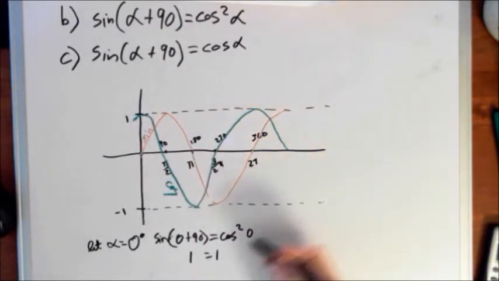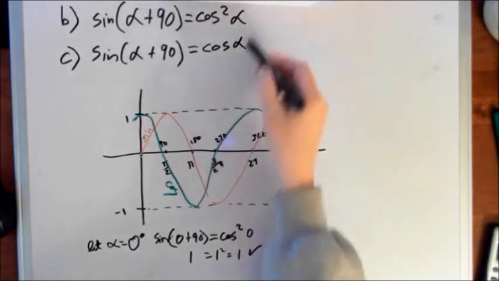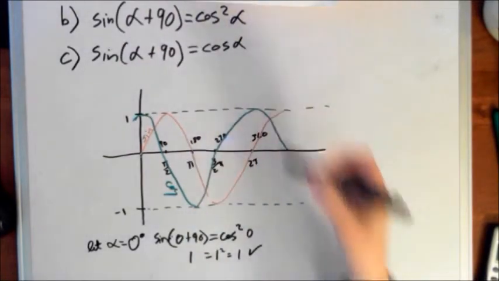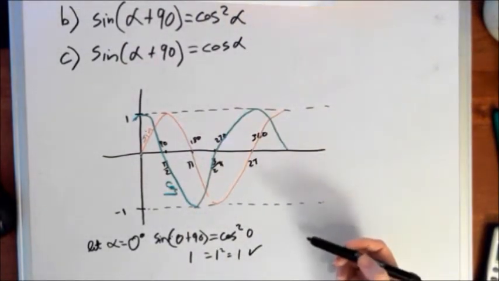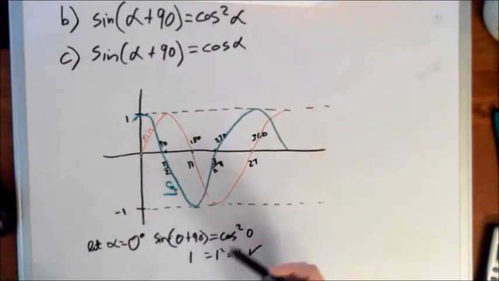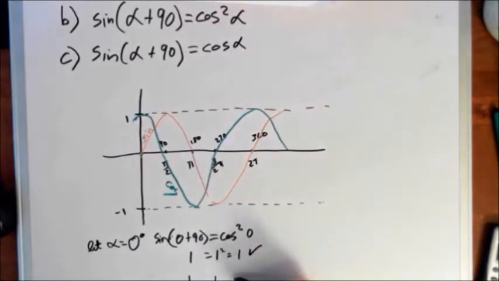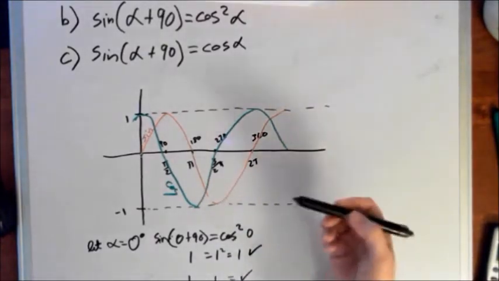If I do 1 squared, that is equal to 1. So yes, this seems to be correct as we go along. If I wanted to look at just cosine alpha, it's the same function, which is equal to cosine of alpha, which again is equal to 1. So now that is correct.